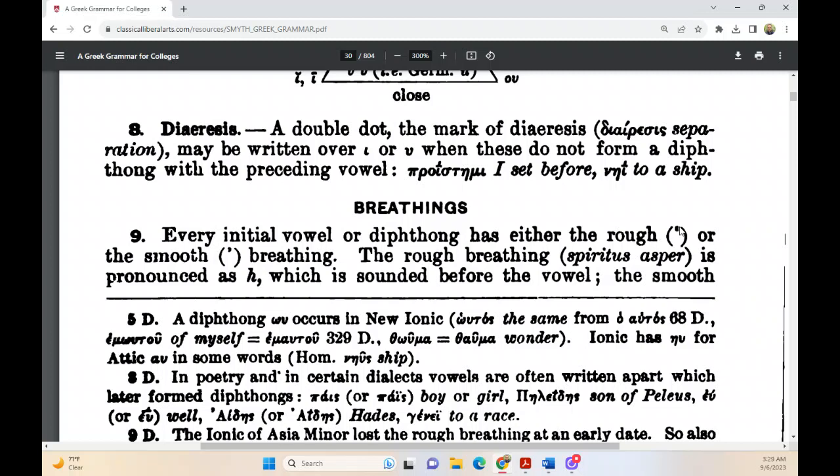So the rough breathing symbol is really to be thought of as the English letter H. So if the rough breathing mark was put over the letter alpha, we would read it as ha. And if the smooth breathing mark was seen above the alpha, we would read it as ah. That's what's signified by the two breathing marks in Greek.